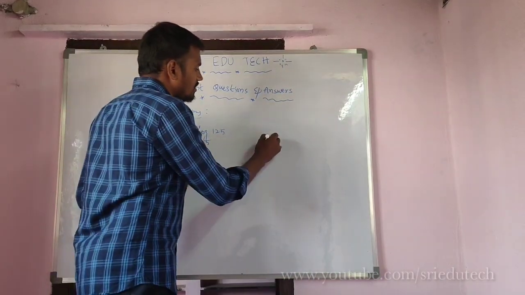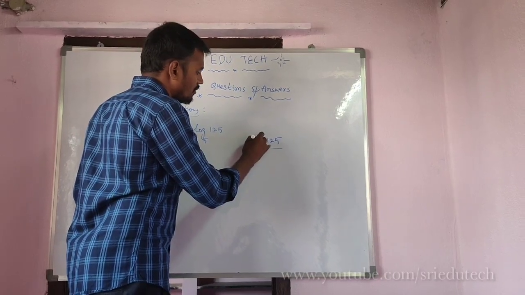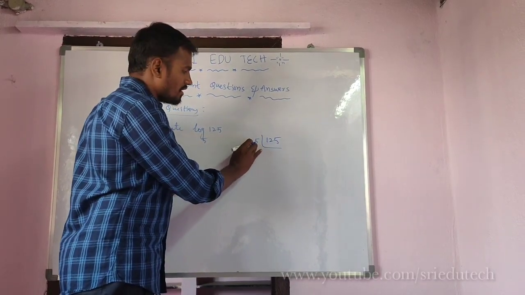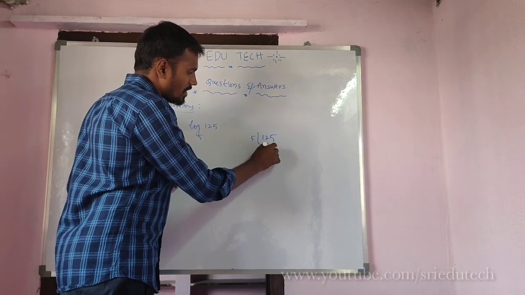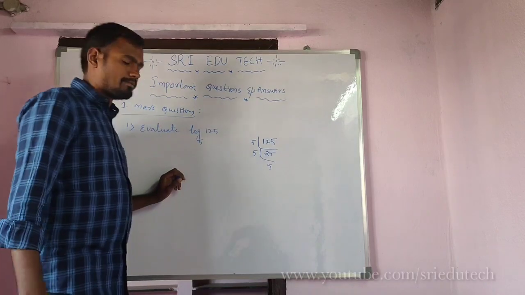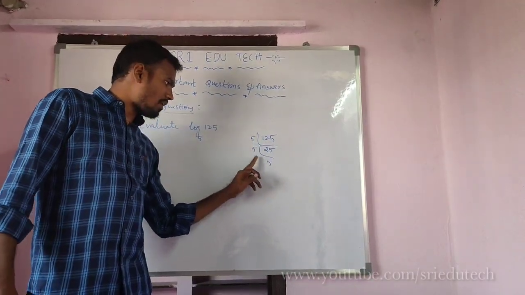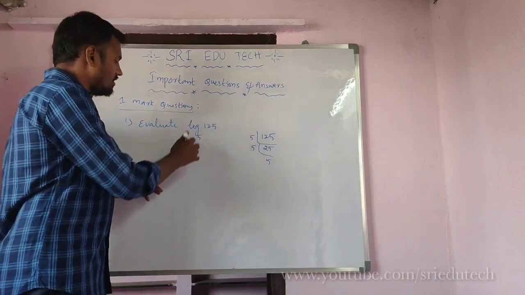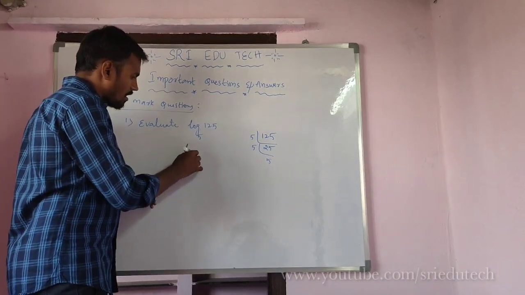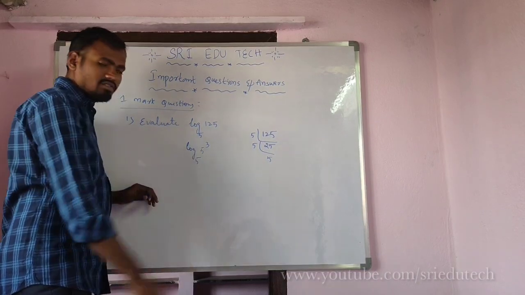Simply, find the LCM of 125: 5 twos are 10, 5 fives are 25, 5 ones are 5, 5 fives are 25. 125 can be written as 5 power 3. Then log 5 power 3 base 5.